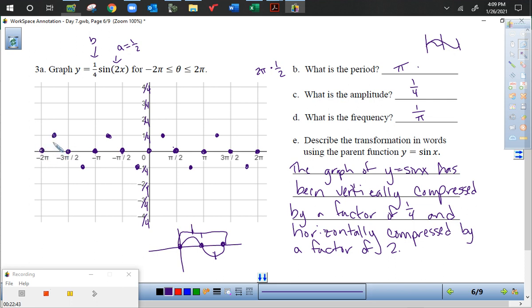And you can map it that way as well. Go ahead and connect all those. Remember, no arrows on the end. Stop at that 2 pi because of the instructions. And I didn't get as round through some of these as I could have, so just try to do your best on that. As long as they don't look like straight lines, you're okay.